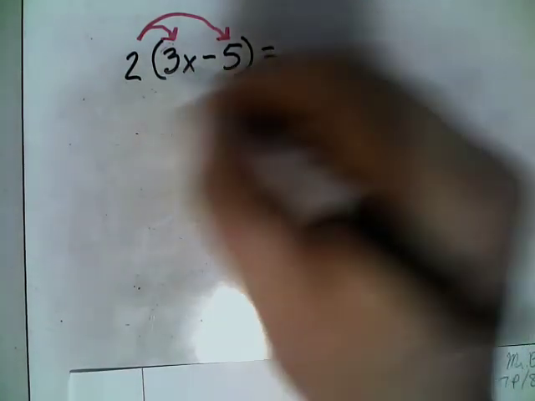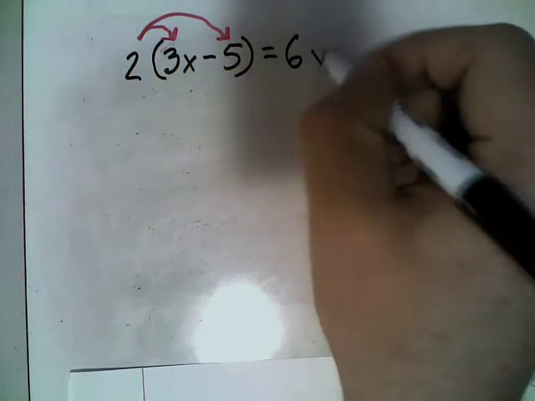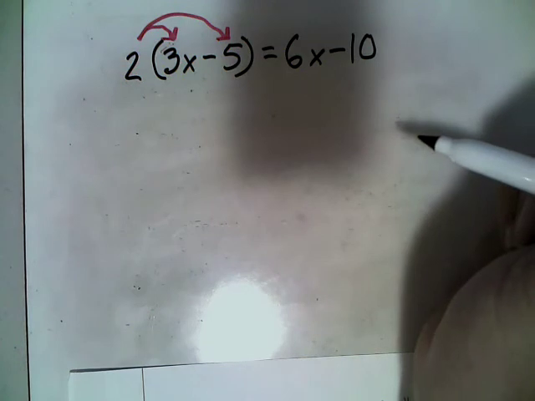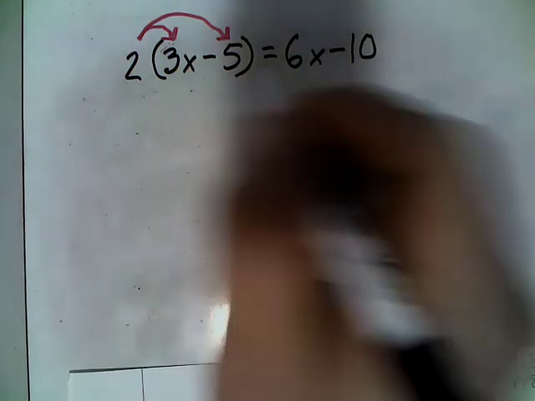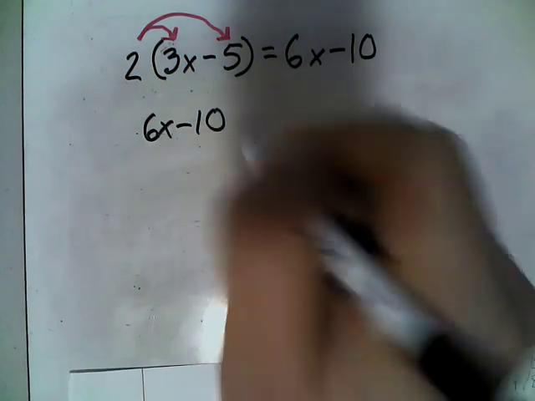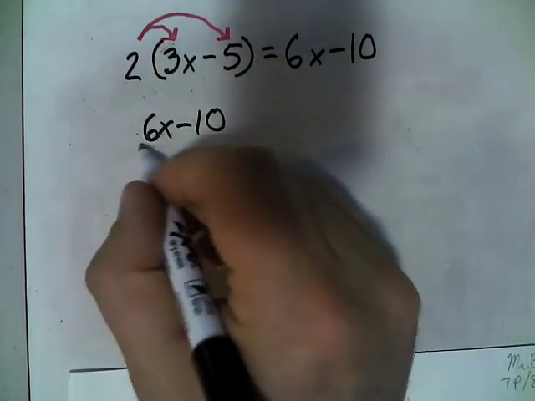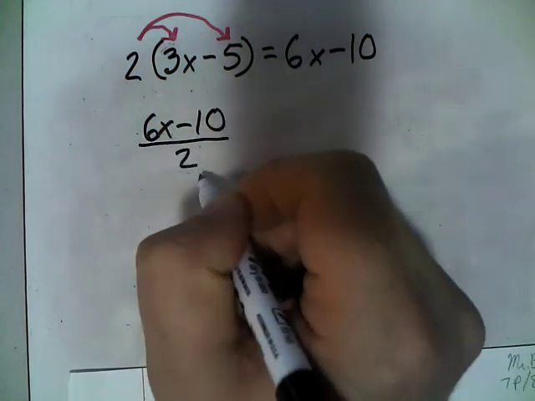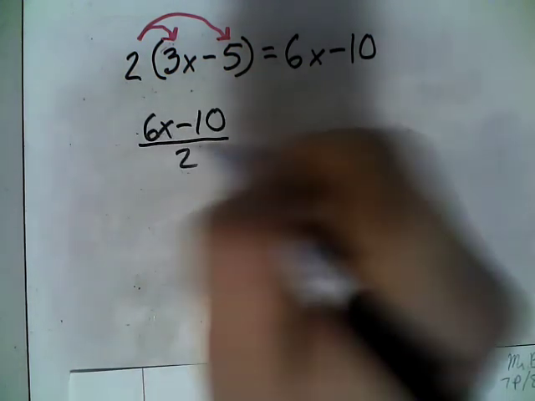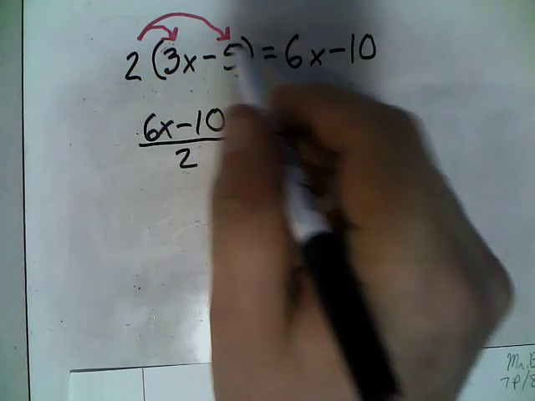And so what I'm going to end up with is 6x minus 10. So if I divide 6x minus 10 by 2, it should go back to this, because we multiplied by 2.